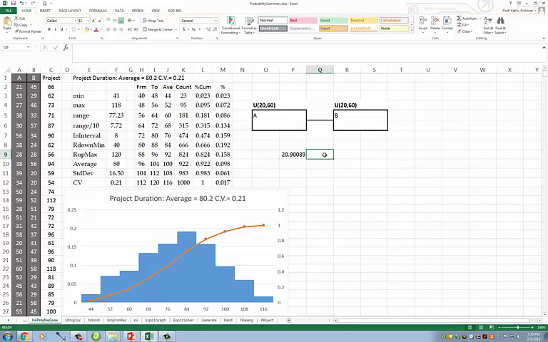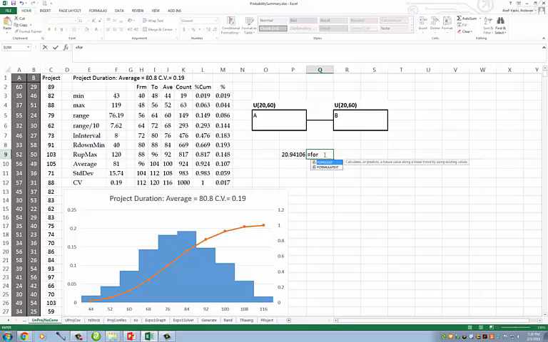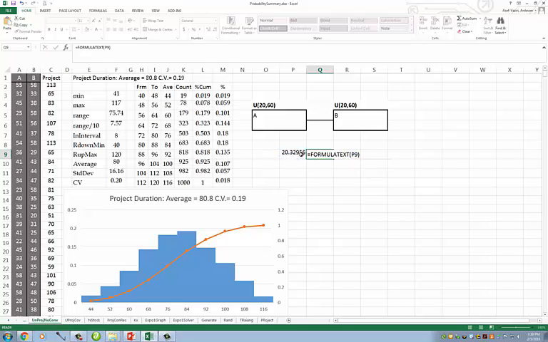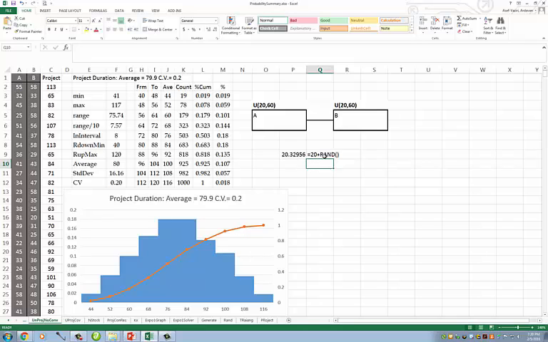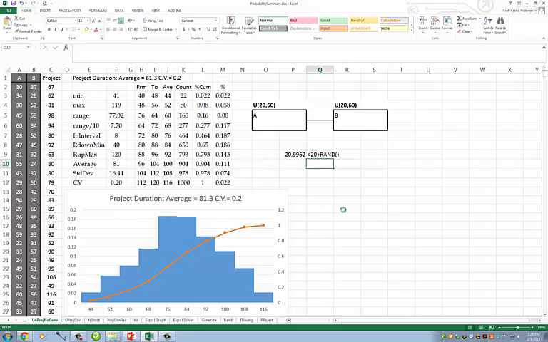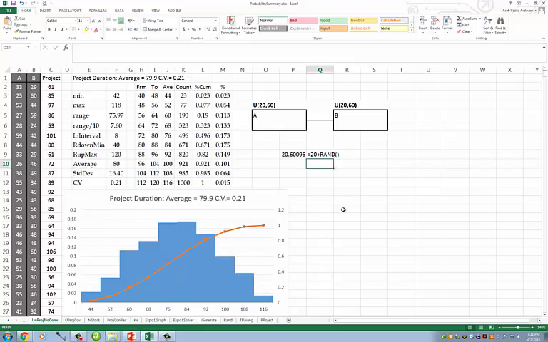Now this function creates something between 20 and what? 20 and 21, because it is 20 plus a random number, and that random number has a minimum of 0 and a maximum of 1. But something between 20 and 21 is not what I want. I want something between 20 and 60.